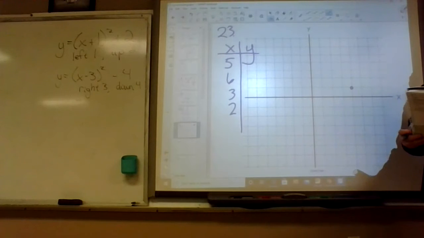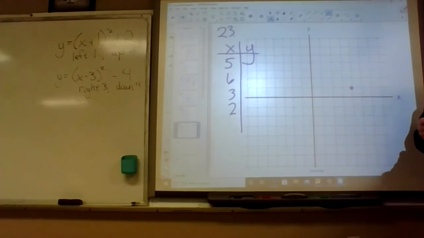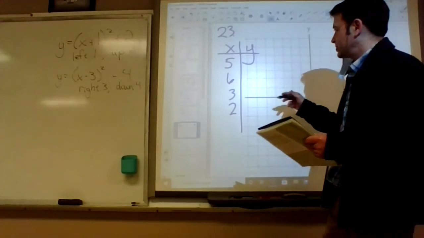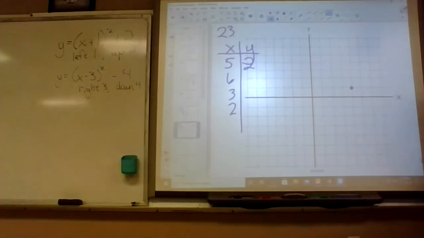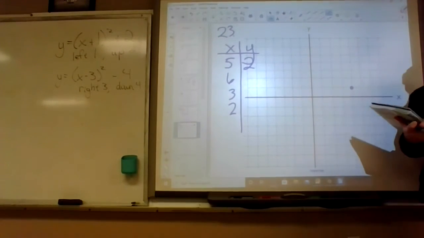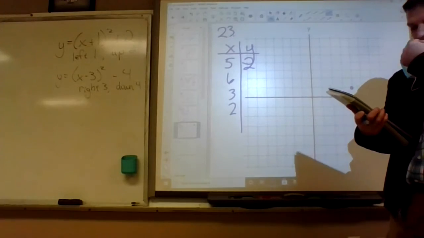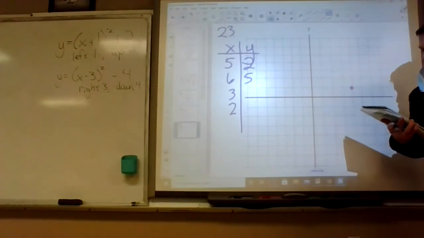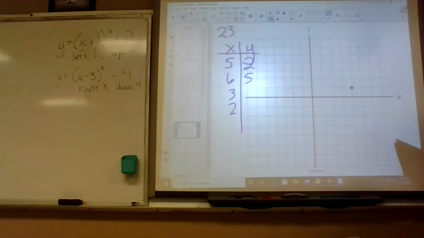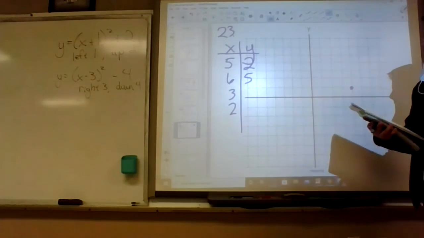If I plug in 5, okay, I'm looking at 23. 5 minus 4 is 1. 1 squared is 1. Plus 1 is 2. So 5, 2. If I plug in 6, 6 minus 4, 2 squared, 4 plus 1, that's 5. If I plug in 3, 3 minus 4 squared, plus 1, 2.